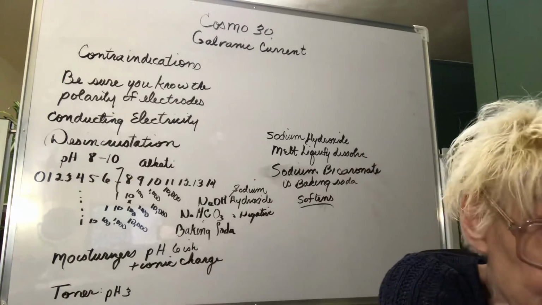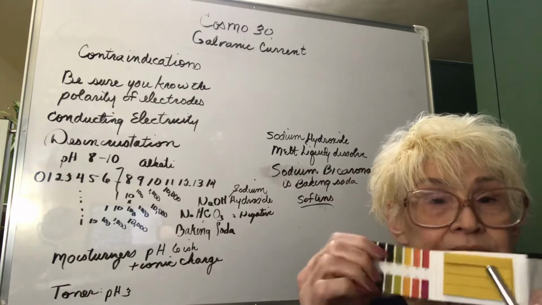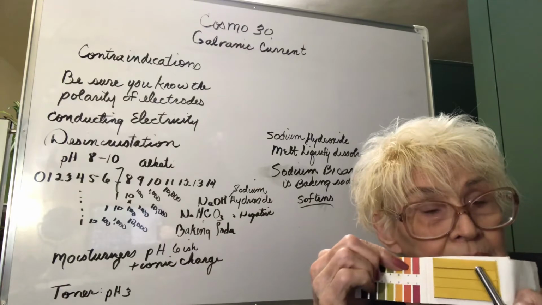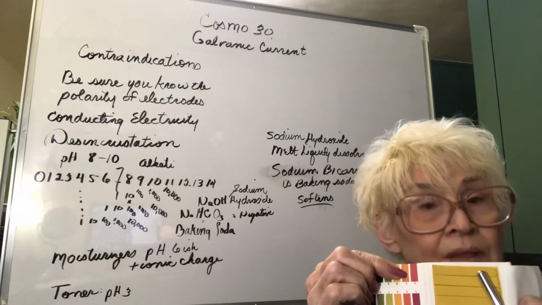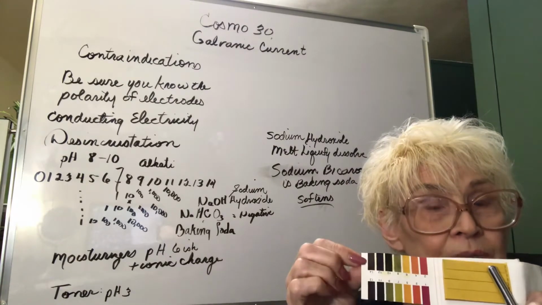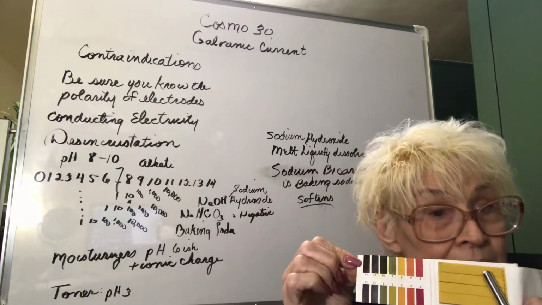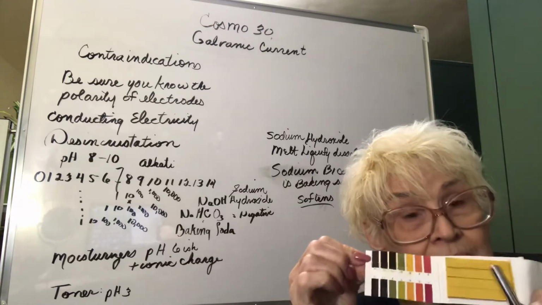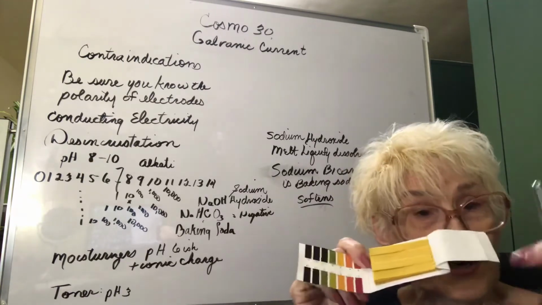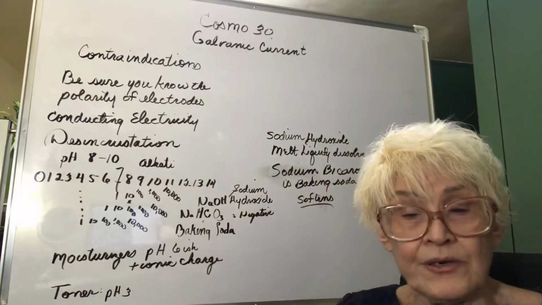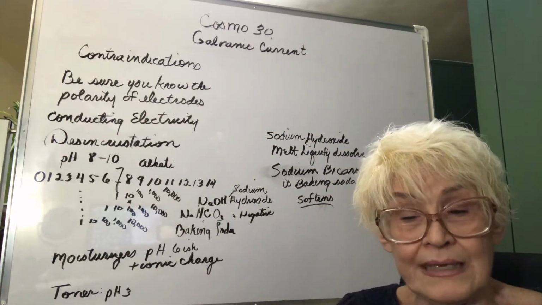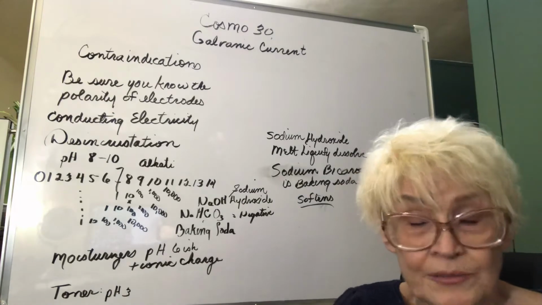Whichever one is positive, you'll see a red smear appear. The negative one will be almost purple in color. And then you'll know exactly what the polarity is of the tool that you're using. Now I have an inactive pole and an active pole.